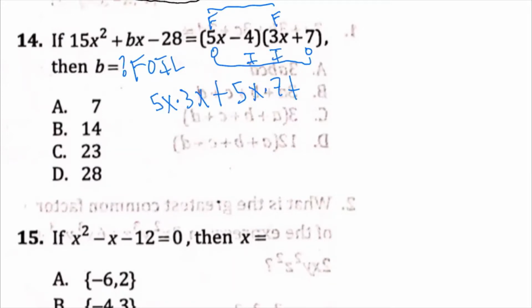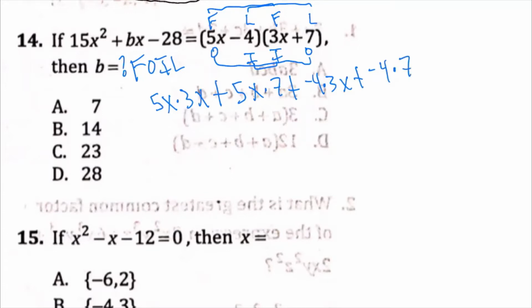The inside terms, so it's negative 4 times 3x, and then the last terms, which is going to be plus negative 4 times 7. And then we just simplify, and we'll find our b.